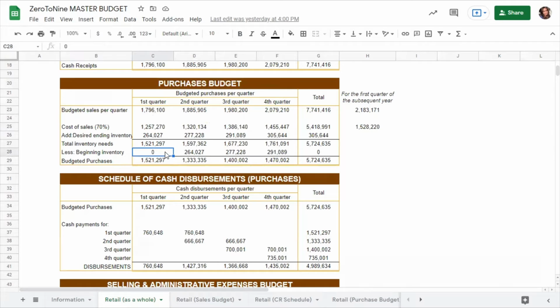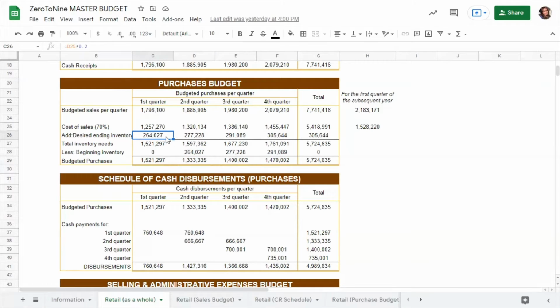Thus, it is zero because it is our first year of operation. So for the first quarter, our budgeted purchases is equal to our total inventory needs of 1,521,297. For the second, third, and fourth quarter, we follow the same process. However, it is worthy to note that the beginning inventory for the current quarter is the desired ending inventory for the previous quarter.